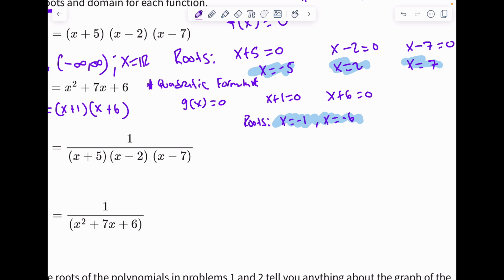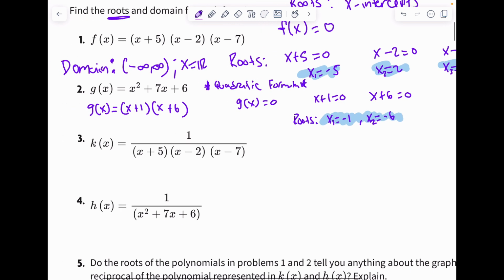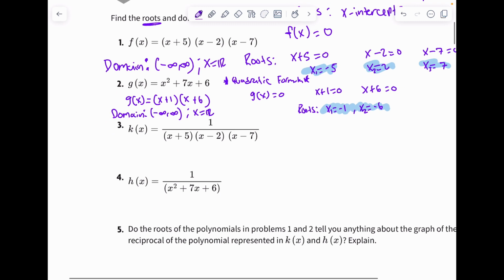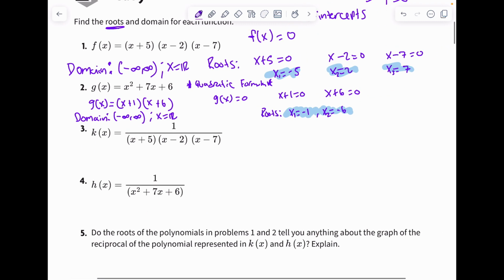I can label these x1, x2, x3, x1, x2, and same concept here. My domain is simply negative infinity to infinity, or x is equal to all real numbers, right? We know that because I can plug in any number that I want and it will be defined.